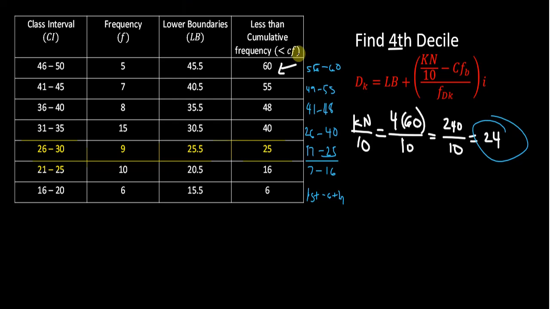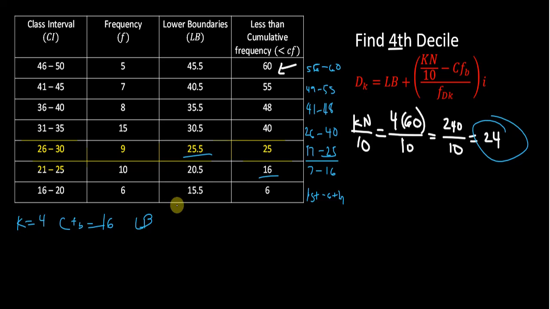Okay, so, isa-isahin na ulit natin yung formula. Yung K natin, that is 4, kasi nga fourth decile. Yung cumulative frequency before the fourth decile class, so CFB, kunin natin yung nasa baba niya, yung 16. So, this is 16. Then, next is yung lower boundary ng 4th decile.